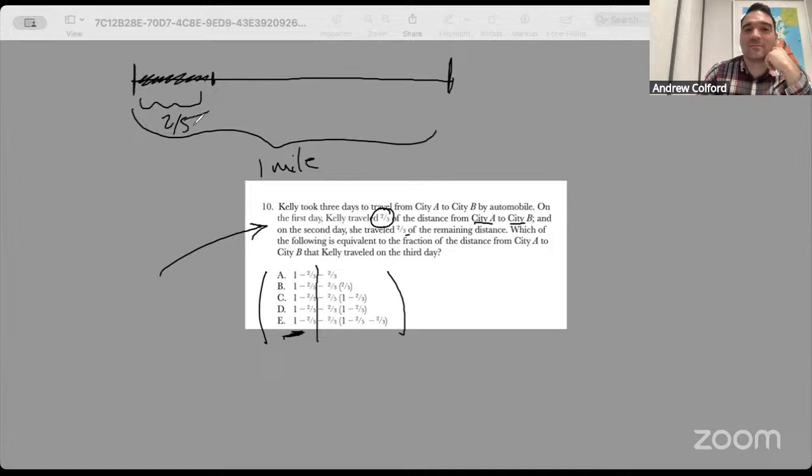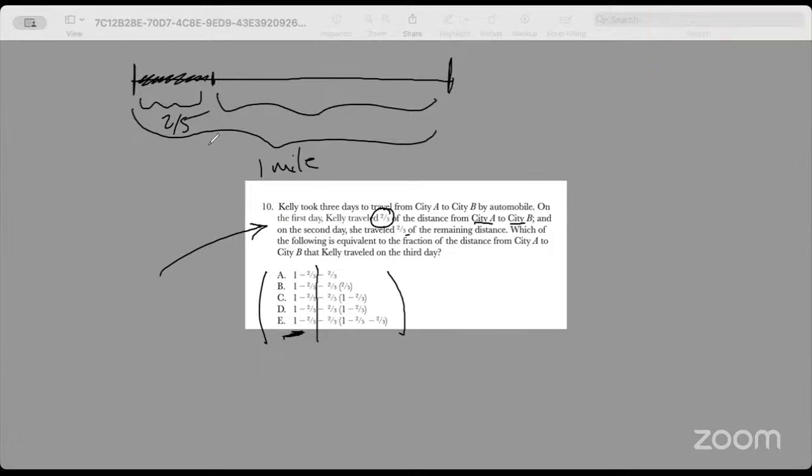And then she travels 2/3 of the remaining distance. Well, what is the remaining distance? If the whole thing is 1 mile and I already traveled the 2/5, the remaining distance is 1 minus 2/5.